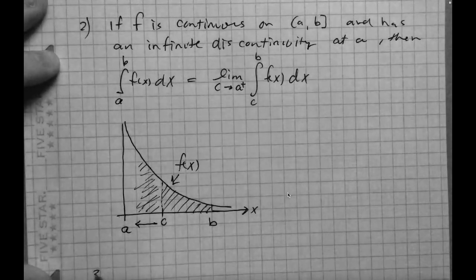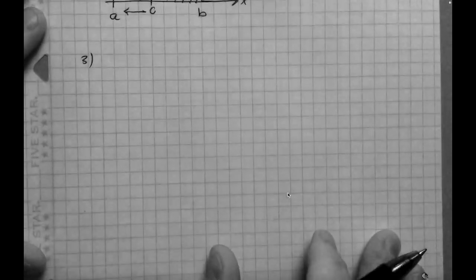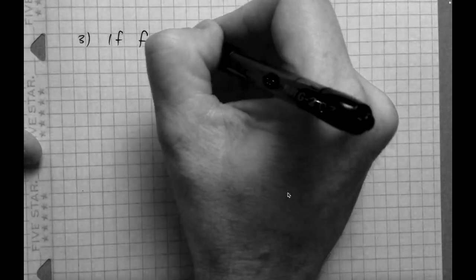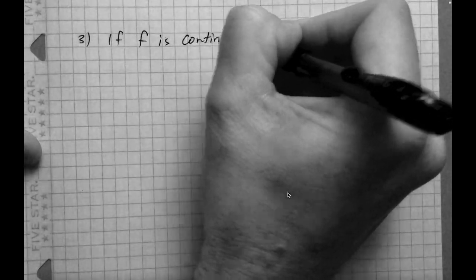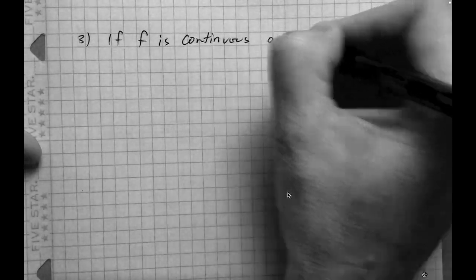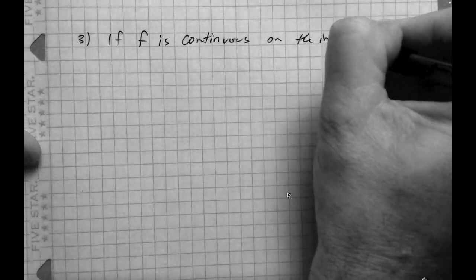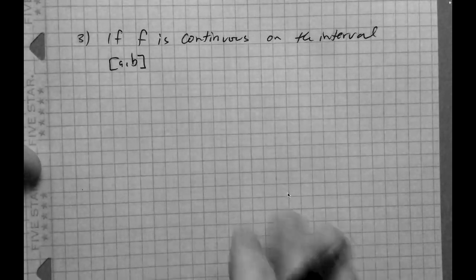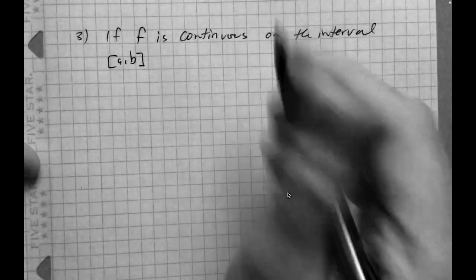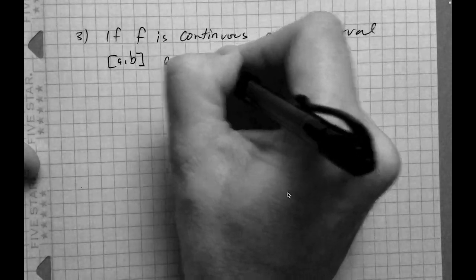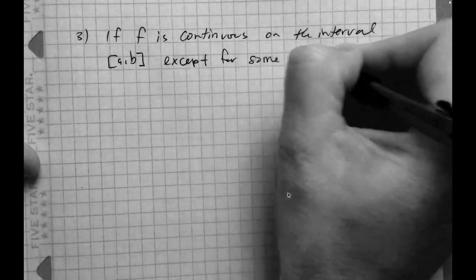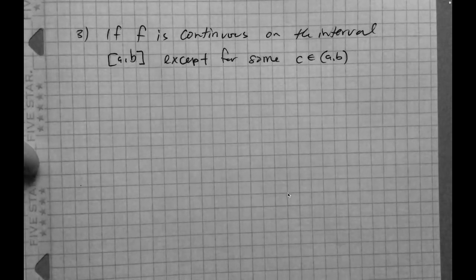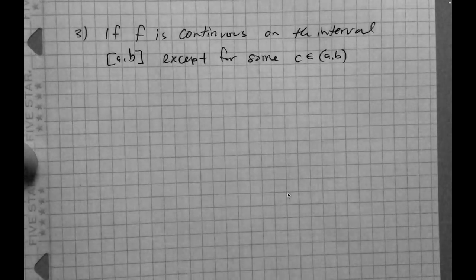And then the third case is, well, what if you have something in the middle? If f is continuous on the interval AB, except for some C, some C inside that interval that isn't the endpoint, where f has an infinite discontinuity.